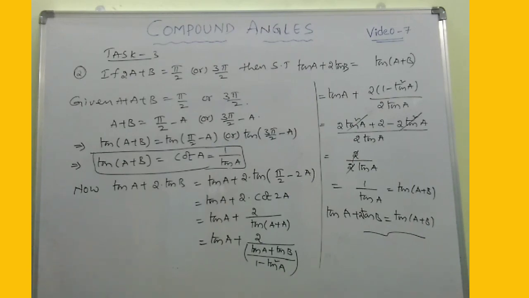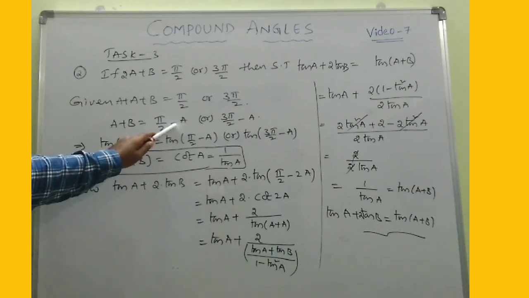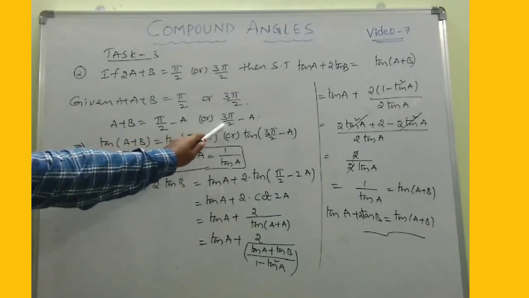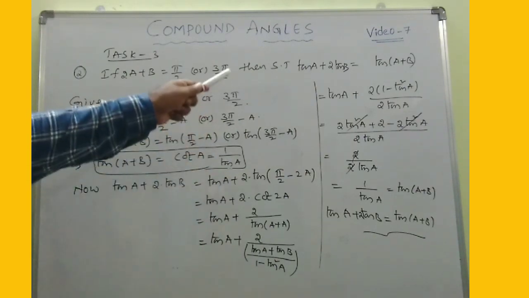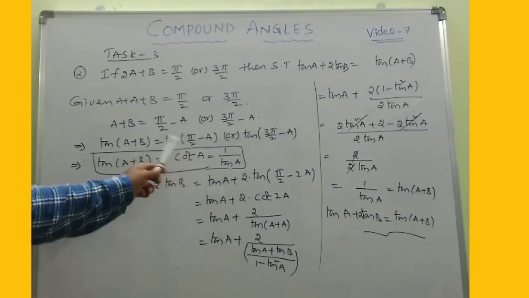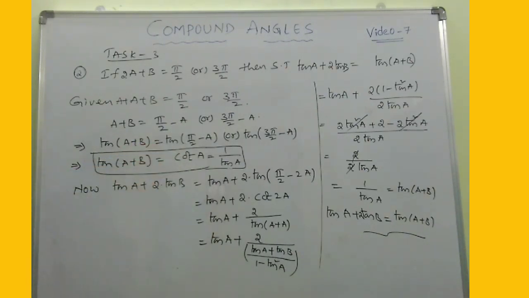The technique here is to write 2a as a plus a, and one of the a can go to that side. Then a plus b is equals to 90 minus a or 270 minus a. Because the problem is entirely involving tan, let us apply tan on both sides. And the rest of the thing is just simplification.